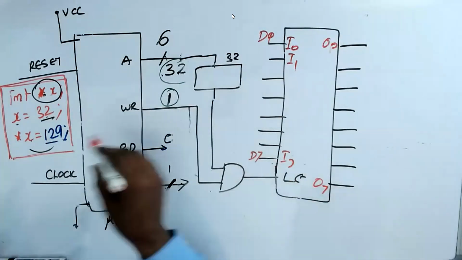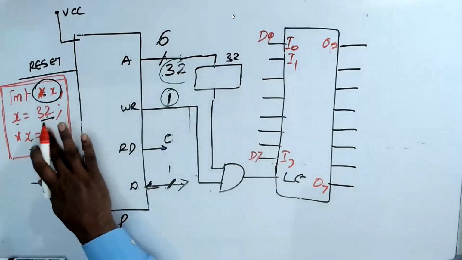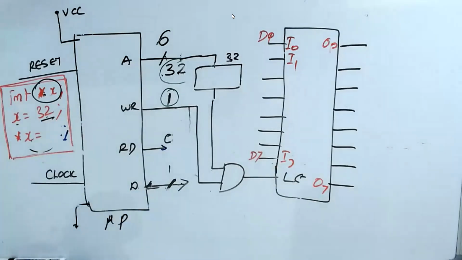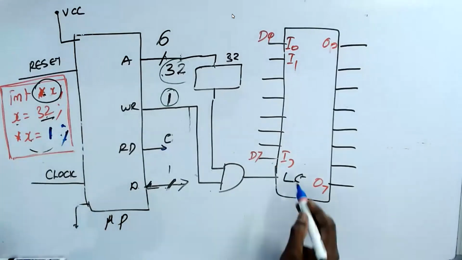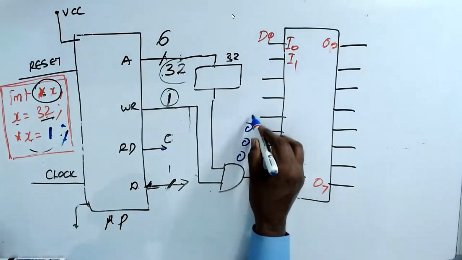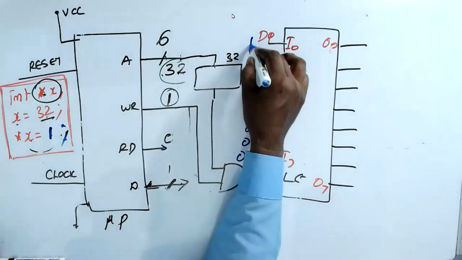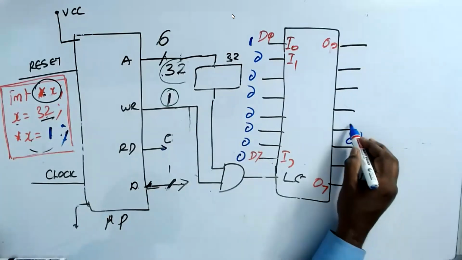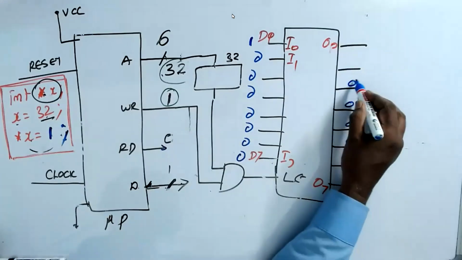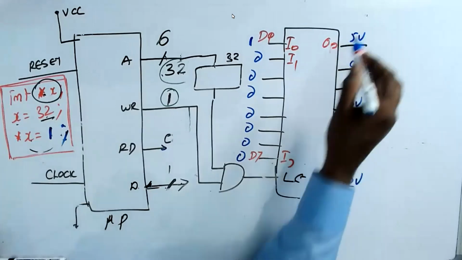Now, when I write the program, let us take only 1 now. Let us not get confused. Let us start by writing a 1. That means I am writing 0, 0, 0, 0, 0, 0, 0, 1. So outside it goes 0 volt, 0 volt, 0 volt, 0 volt, 0 volt, 0 volt, 0 volt, 5 volt.